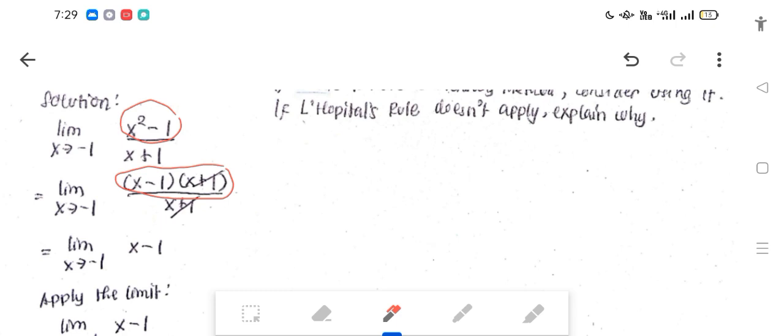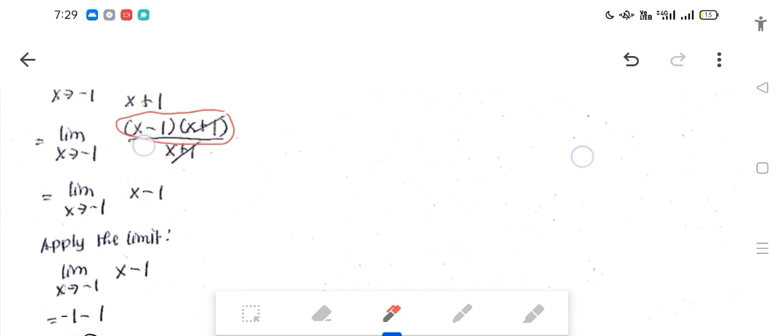In this step, we're going to cancel out x plus 1 in the numerator and the denominator, and now we only have the limit of the function x minus 1 as x approaches negative 1.